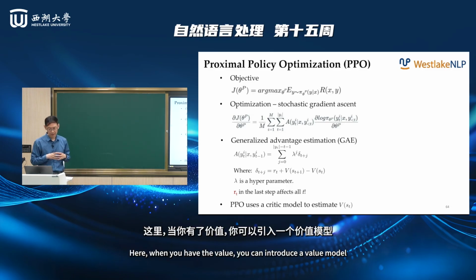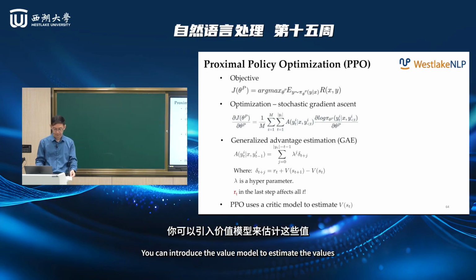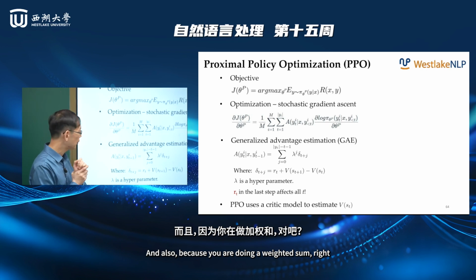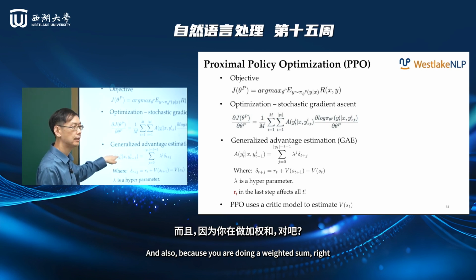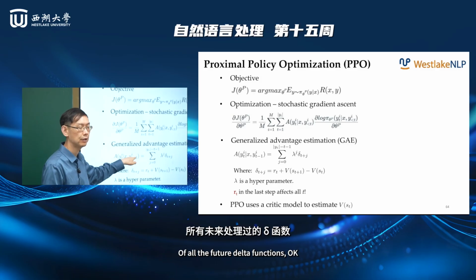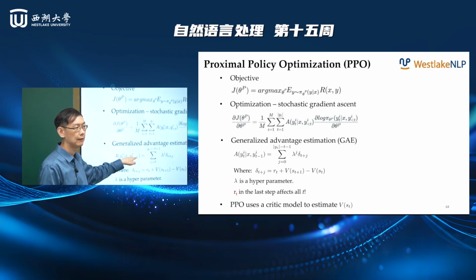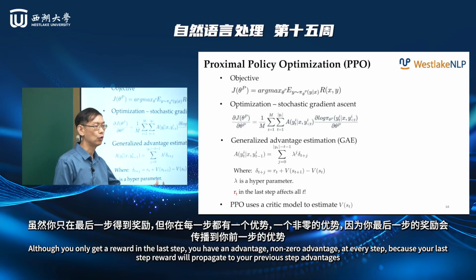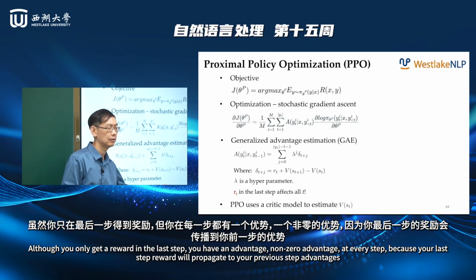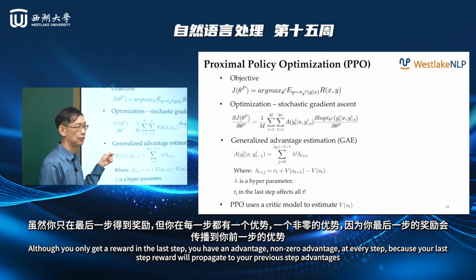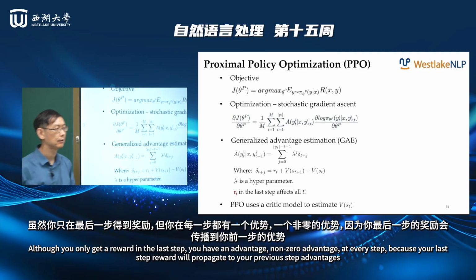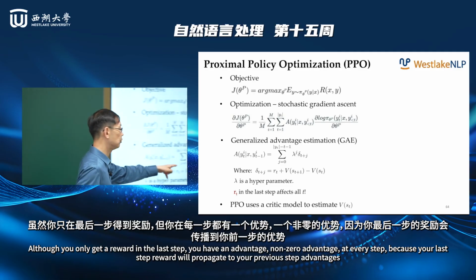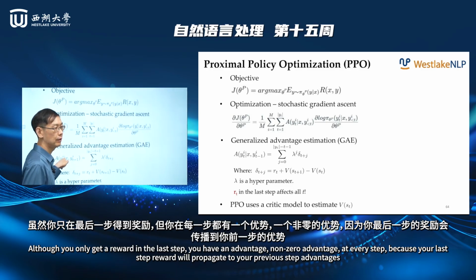So now here, when you have the value, you can introduce a value model to estimate the values. And also, because you're doing a weighted sum of all the future delta functions, although you only get a reward in the last step, you have a non-zero advantage at every step, because your last step reward will propagate to your previous step advantages.